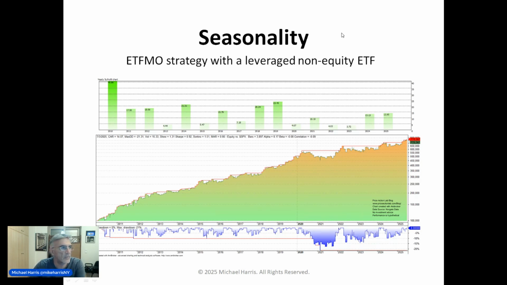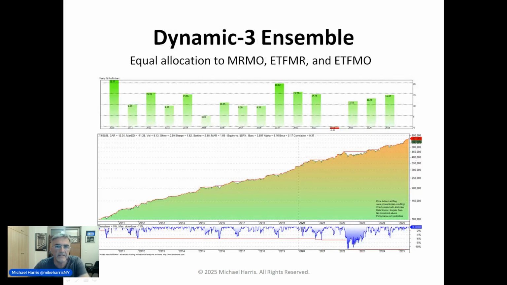Now, what we do next, we combine this in an example with equal allocation. MRMOM should be here, MRMOM, it's a typo, ETFMR and ETFMO. This had only one slightly down year in backtests.